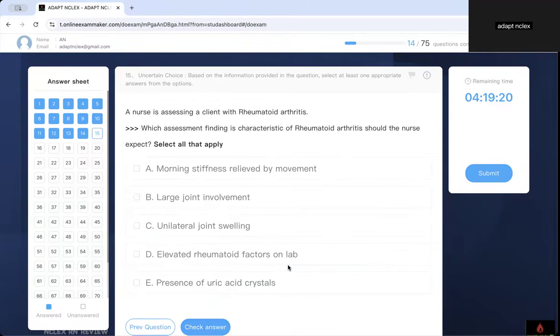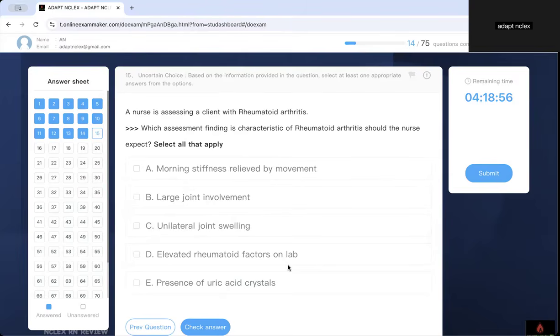And next is assessing a client with rheumatoid arthritis. Which assessment finding is characteristic of rheumatoid arthritis that the nurse should expect? These are concepts. If you know them, it's easy. Now we're dealing with the patient with rheumatoid arthritis. You got to distinguish it from osteoarthritis.